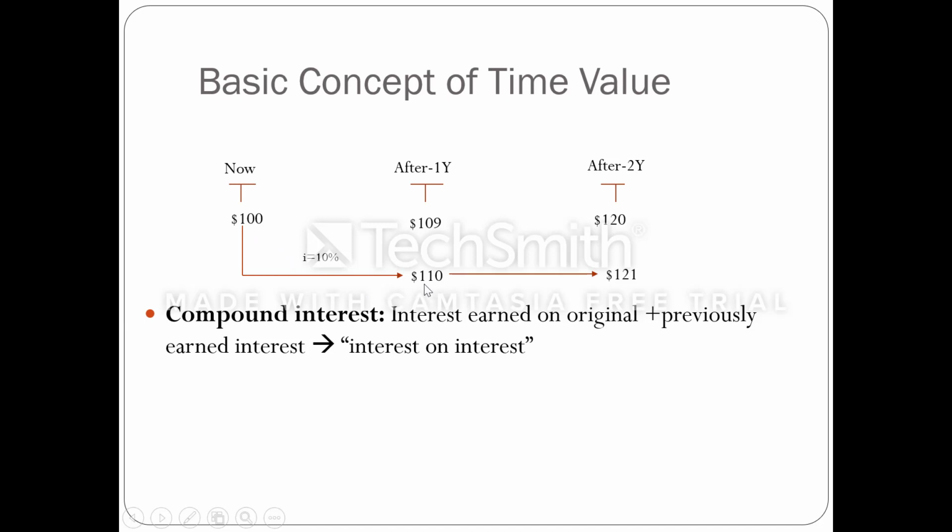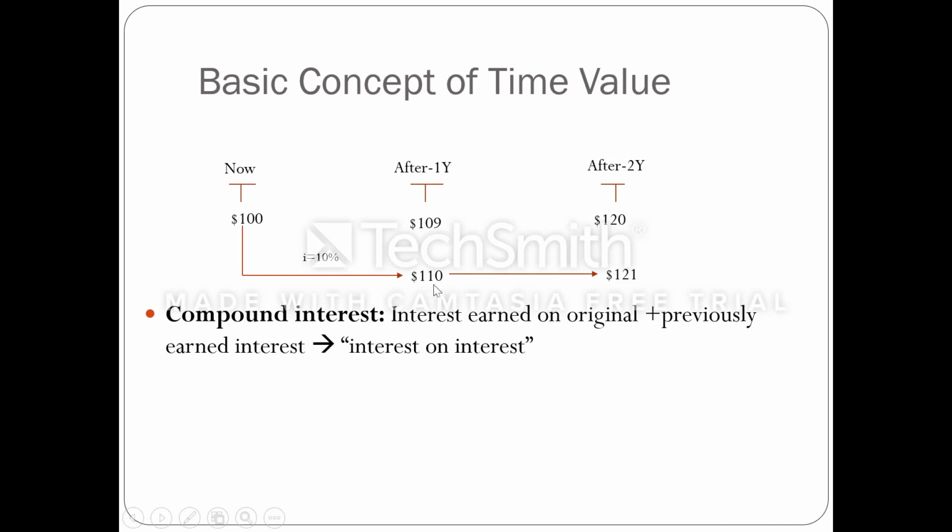Over here it's 110, so if you subtract the principal 100 from the 110, you will get $10. That $10 was your interest. In the second year, this $10 which you earned as interest in the first period becomes a part of the principal, and the second year interest is determined on this whole amount rather than just the $100 which you had right now.